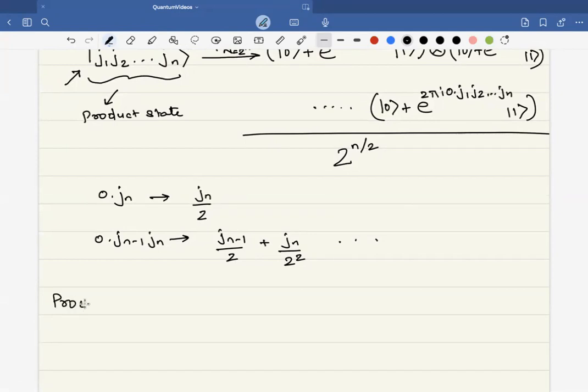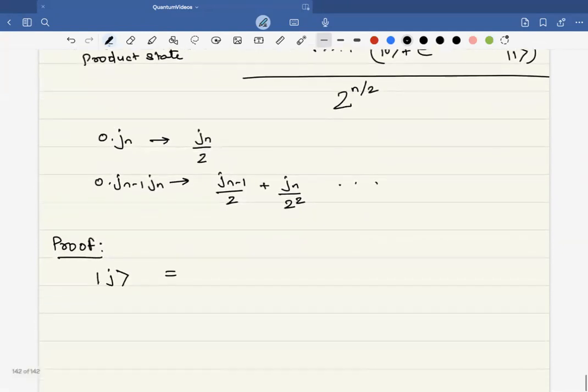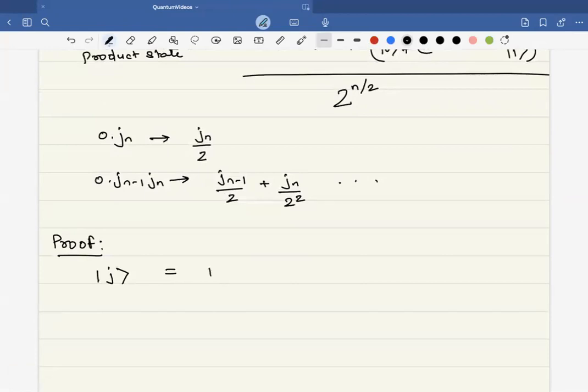So, proof. The Fourier transform is defined so that a basis vector j goes to, now I'm going to change to the qubit representation slowly. So this is going to be the summation k equal to 0 to 2^n minus 1.